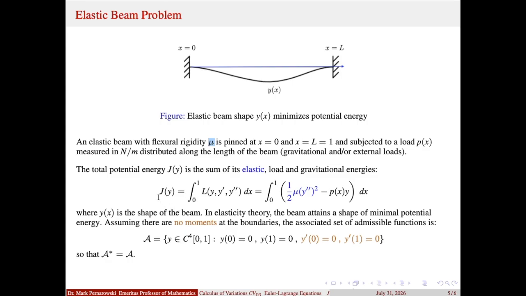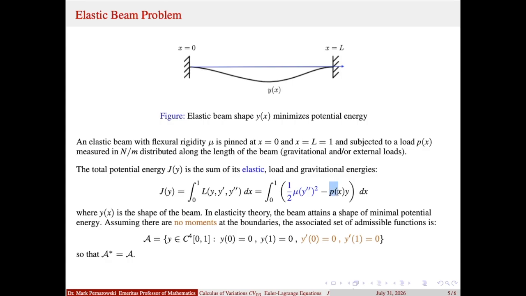The theory basically says that if I know the beam shape, then the total net potential energy of that beam depends on a part that contributes, which is the elastic potential energy, this thing in blue, minus a load potential energy, or simply the potential energy due to the weight of the beam.